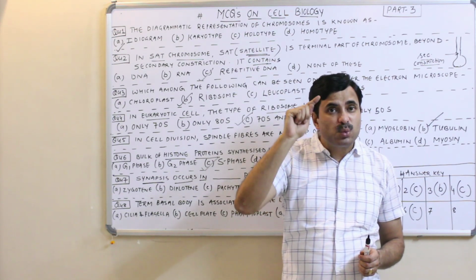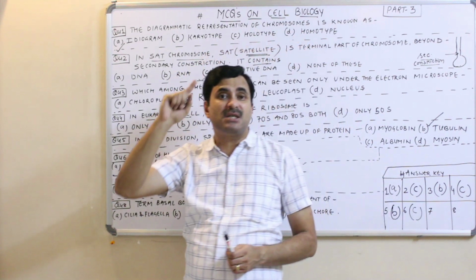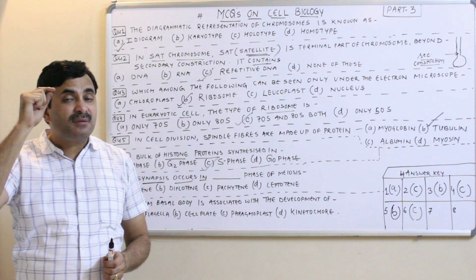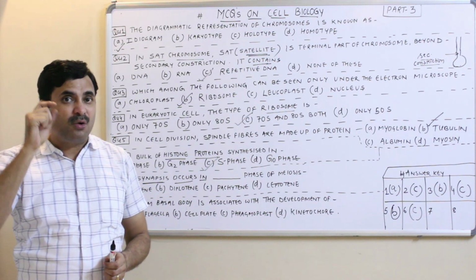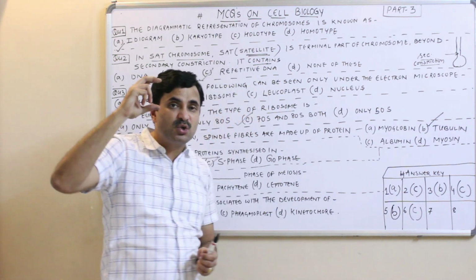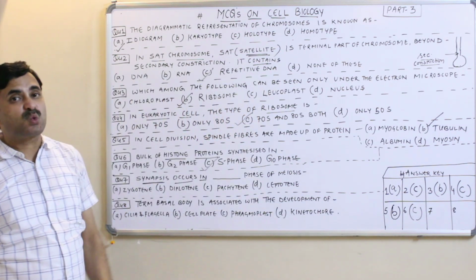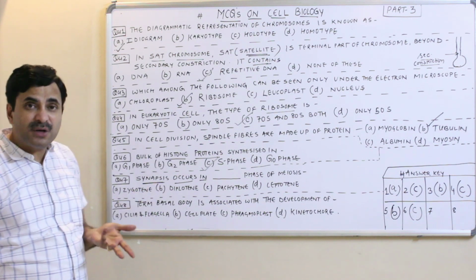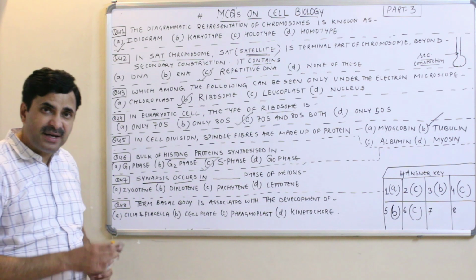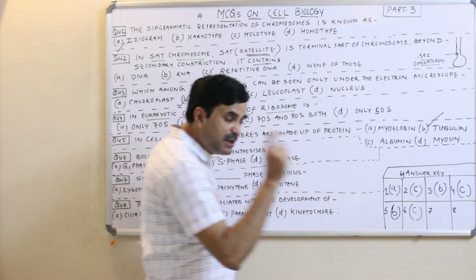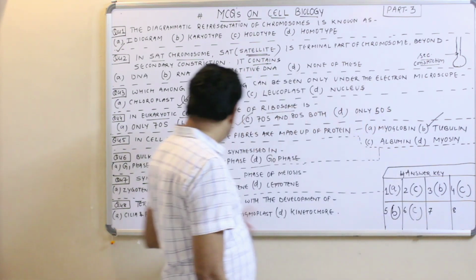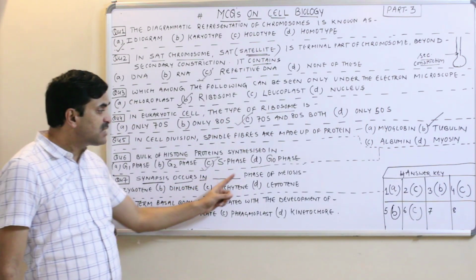The word synapse is used in the nervous system, where the junction at which two neurons meet is called the synapse. But we are not talking about the synapse just now, we are talking about synapsis, and the literal meaning of the term synapsis is pairing.